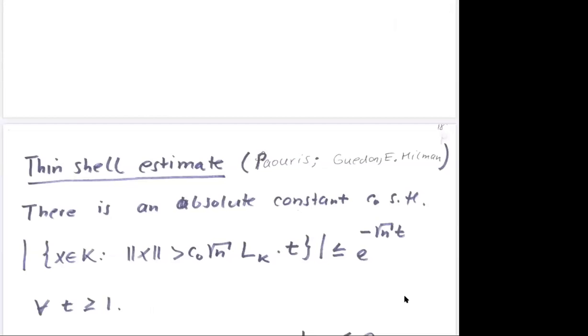It says that there is an absolute constant z_0 so that the volume of all those points x in K that have Euclidean norm strictly bigger than z_0 times root n times the isotropic constant times t is small, namely smaller or equal than e to the minus root n times t, and that for all t bigger or equal than 1.